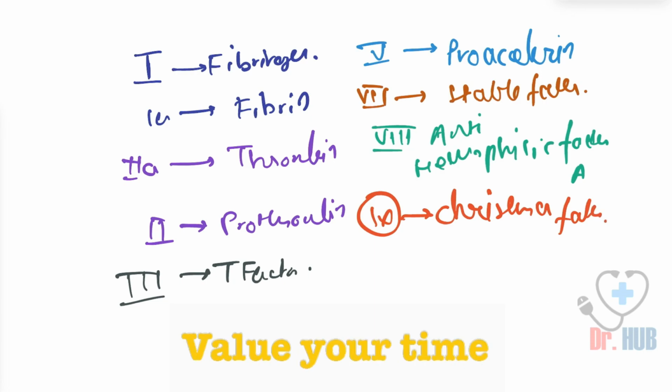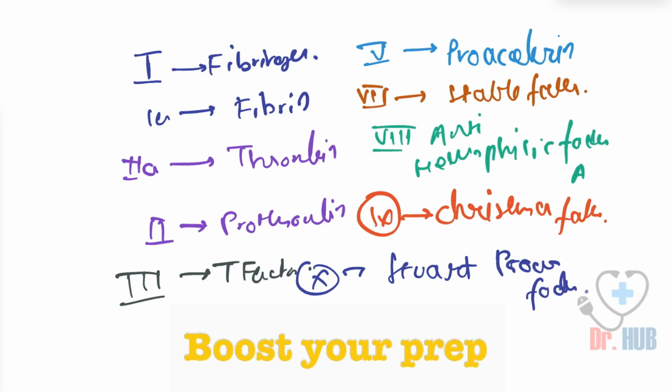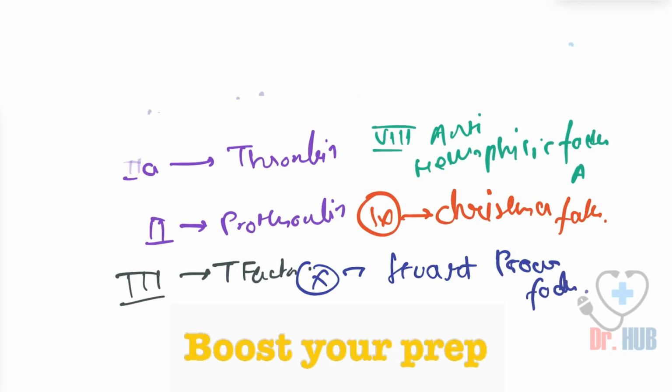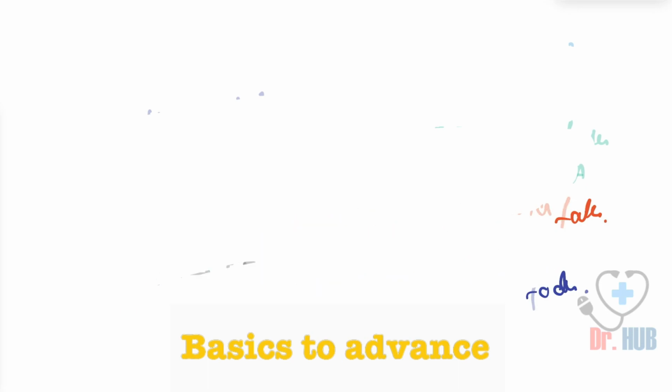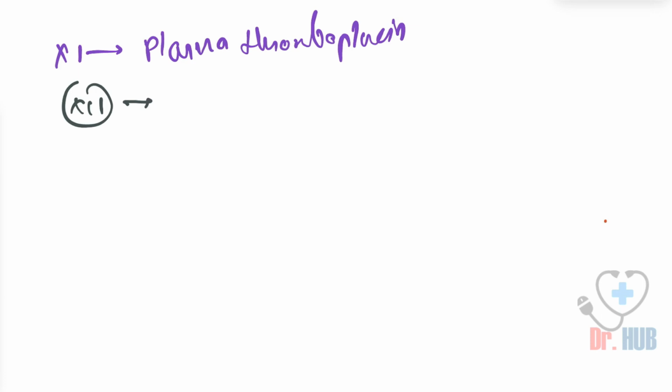Then comes the 10. 10 stands for the Stuart-Prower factor. After 10 comes 11. 11 is the plasma thromboplastin. After 11 comes 12. 12 is the Hageman factor.